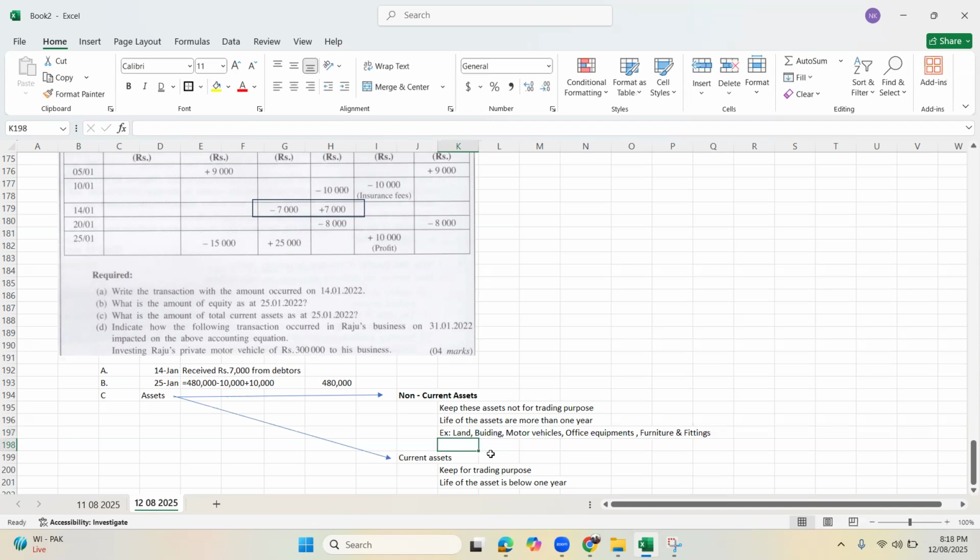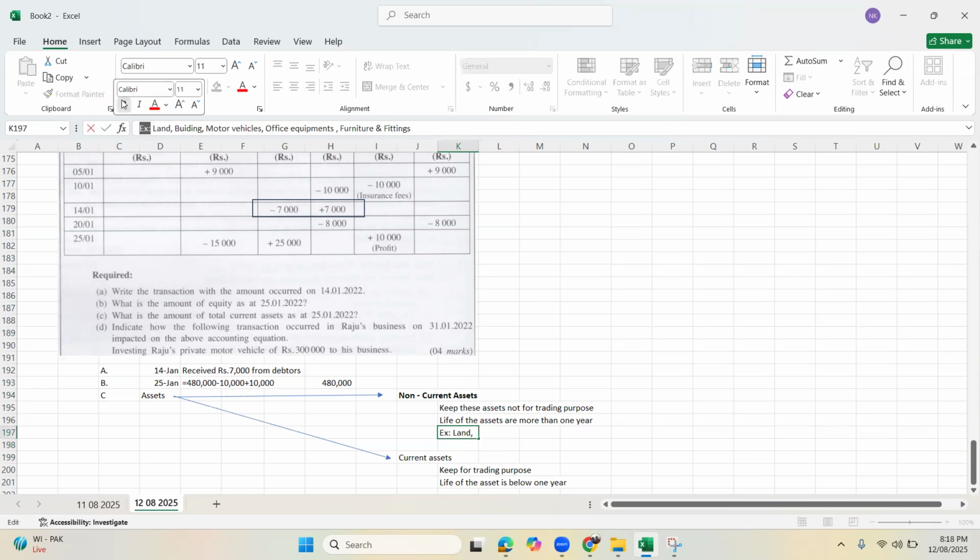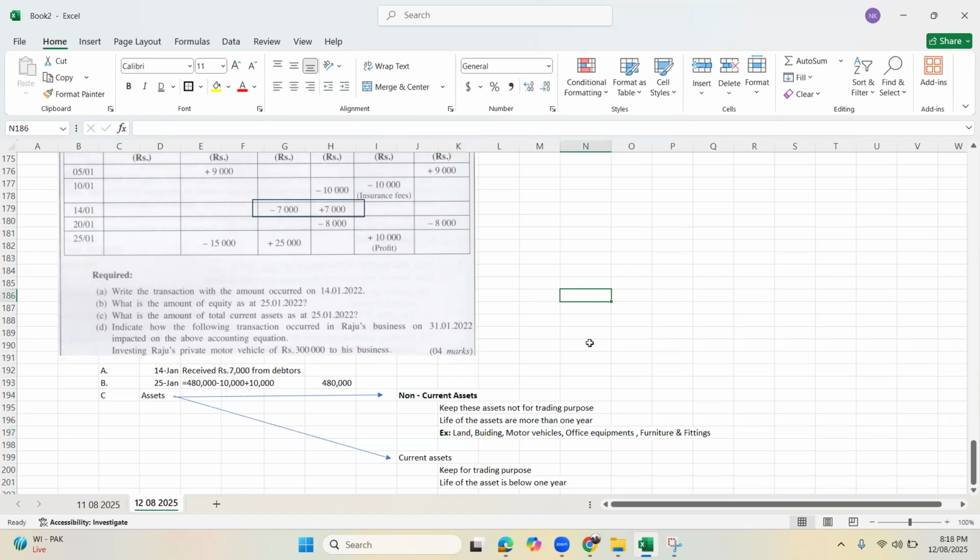Those are the non-current assets, or we can say fixed assets. These assets we are keeping not for trading, not for buying and selling purposes, but for use, maybe for production or for administration purposes, right? So the life of these assets is more than 1 year.